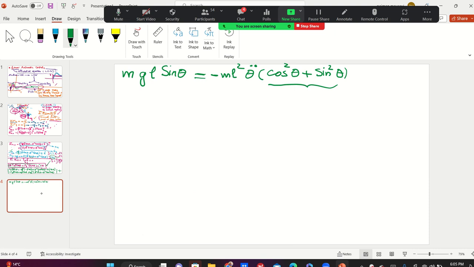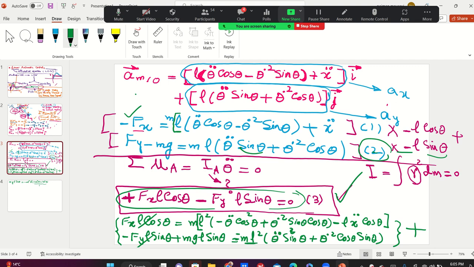How much is this from high school? Yes, one. See what I have done? Simple like that. Now look here again. ml squared theta double dot sine cosine minus ml squared theta double dot sine cosine. They cancel out each other. Agree?